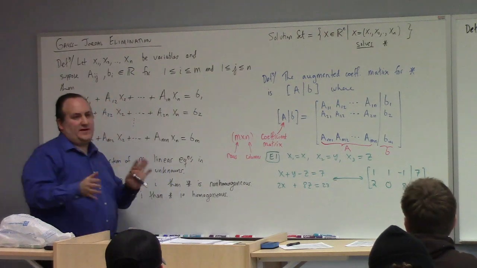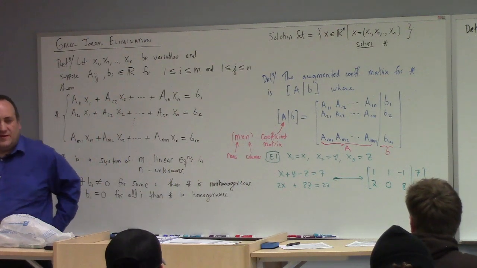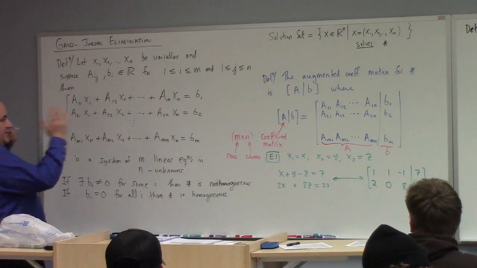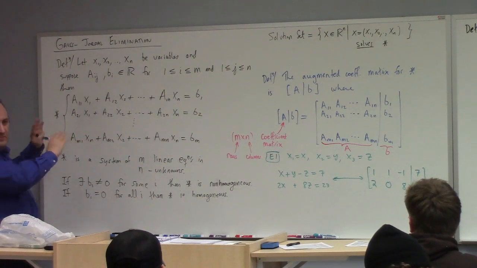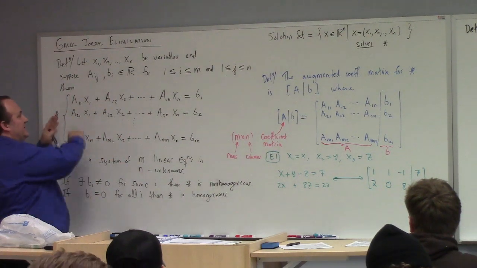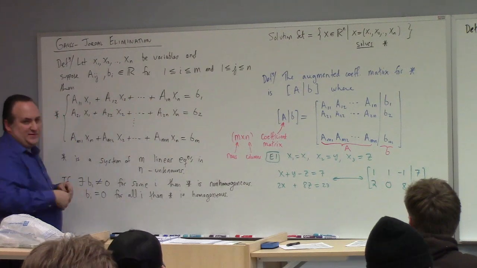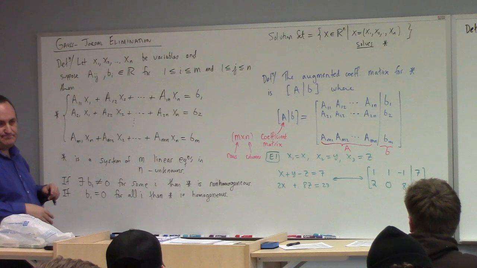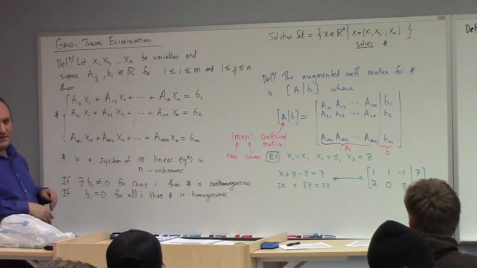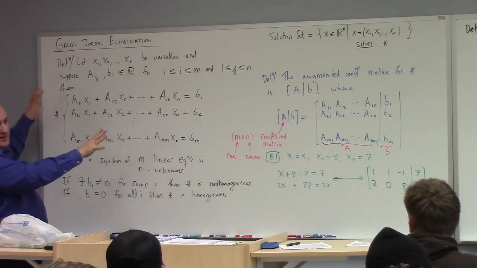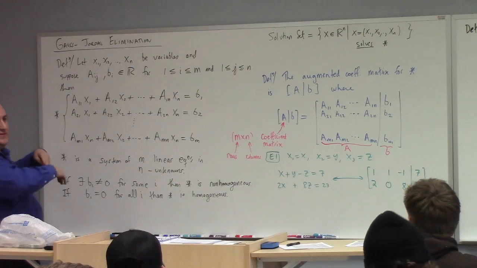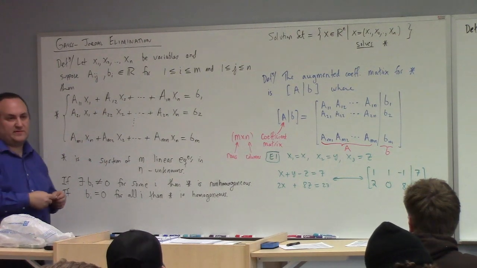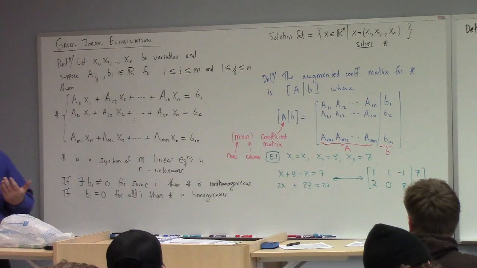What I'm talking about with star star, I haven't even written it down, but imagine you take what I wrote at star and put a tilde over every one of these coefficient matrices, or replace A with some other letter. So you have possibly different numbers everywhere, and yet they have the same solution set. That would be an equivalent system.